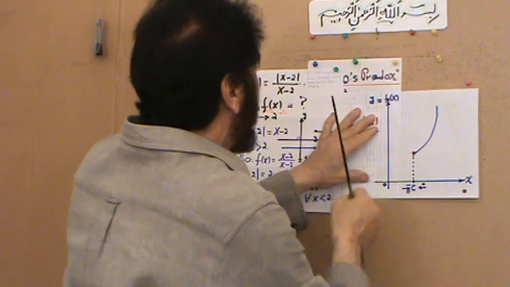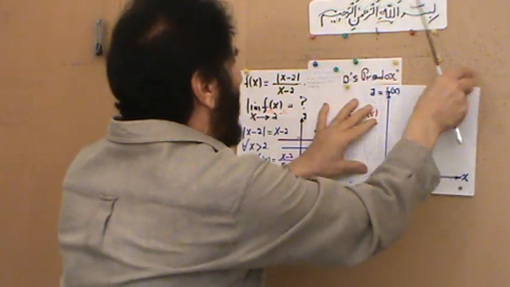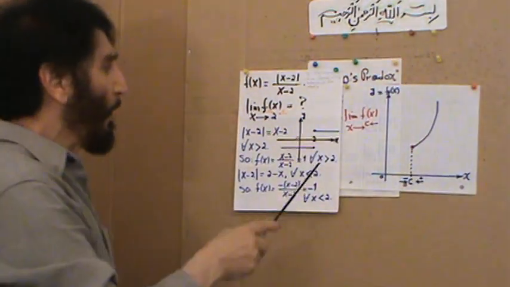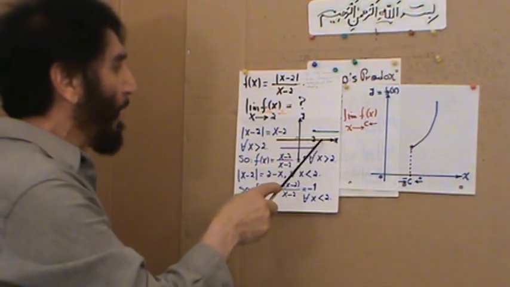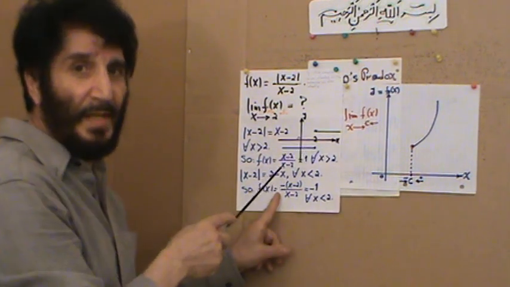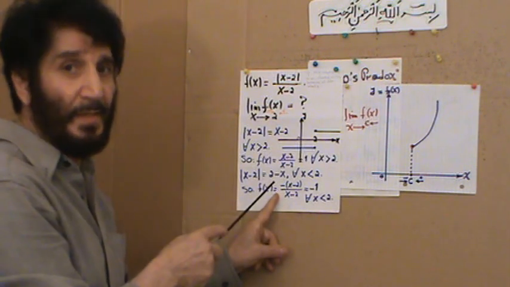Now, in this one, the limit from the right does exist. The limit from the left does exist, but these two are not the same. So we say the limit does not exist.